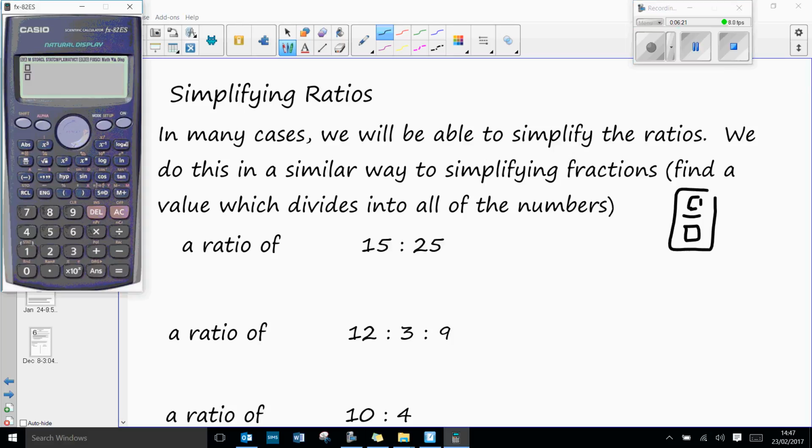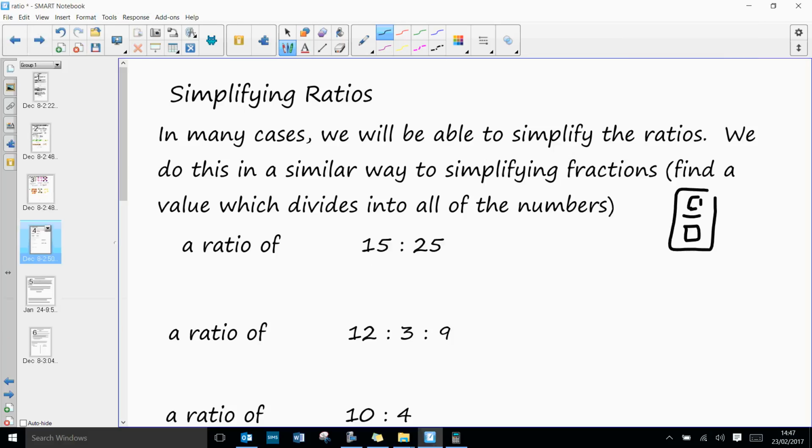What we're trying to do is find a number that divides into both 15 and 25. I know that I can divide this number by 5 and this number by 5. So 15 divided by 5 gives me 3, and 25 divided by 5 gives me 5. Double check that that's as low as it can go. In this case we can see that is true.